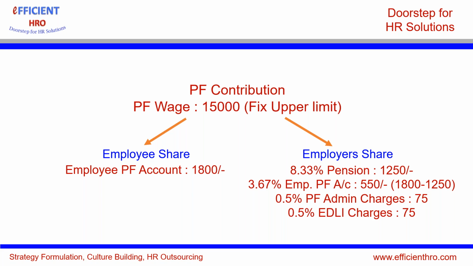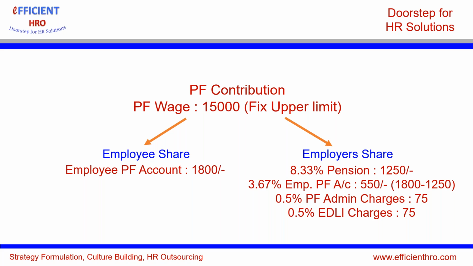If the PF is deducted considering the gross wages, the PF amount on both the employer's side and the employee's side will become a very high amount, and ultimately the take home salary will get affected. And if they want to keep the take home salary higher, then they normally go with the PF wage upper ceiling limit of 15,000.